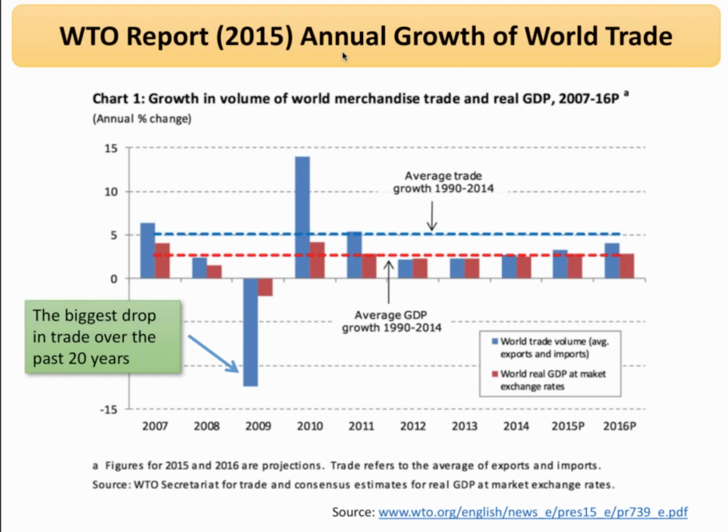But the key point from this chart is that the growth of world trade since 2011 has been half the growth from the period 1990 to 2014. We're currently in a phase where the growth of world trade is much, much slower than it has been in previous years. And some people are using this as evidence for the end of globalization.